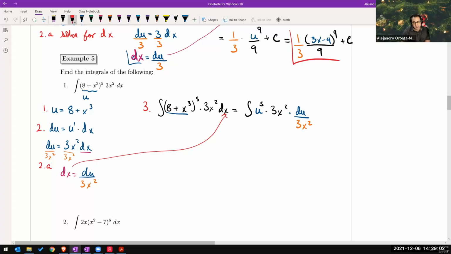Once we make the correct substitutions, notice the x squared cancel, the 3's cancel, and we're left with the integral of u to the 5th du. Now look at that. This one here is much easier than the original.